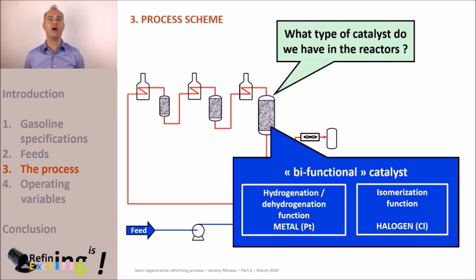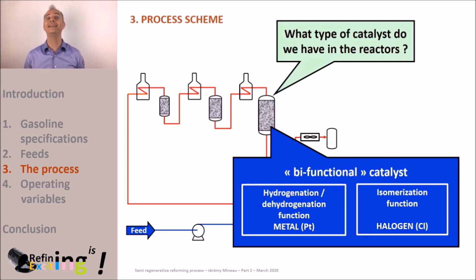The active elements are made up of one or several metals, including platinum, with a typical content of about 0.3% by weight on the catalyst. The catalyst will be made by extrusion, producing small sticks of 1 to 2 millimeters in diameter.